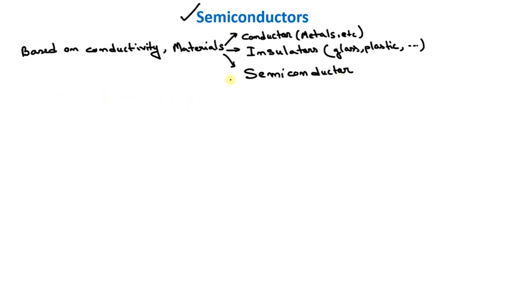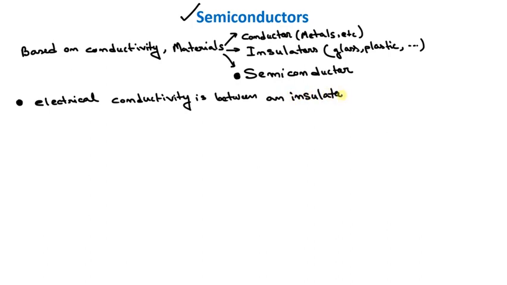Definitely, then we can say for semiconductors, the electrical conductivity is between an insulator and a conductor. Let me write that: conductivity is between an insulator and a conductor, right?